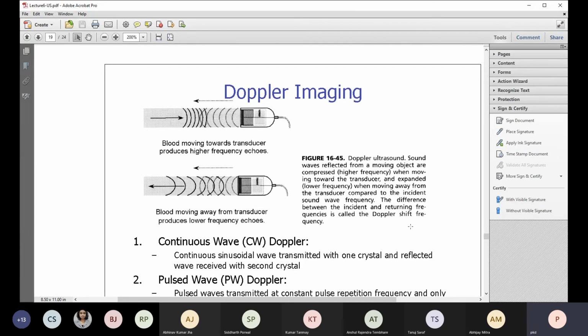Therefore blood flow and blood flow patterns can be monitored if we code this imaging information with frequency shift as well.